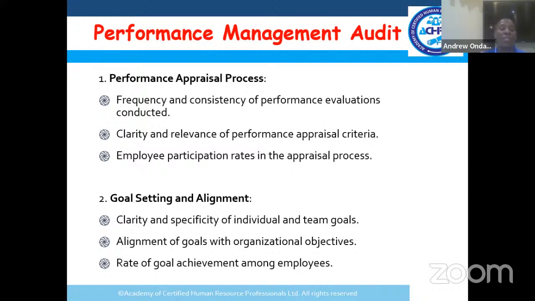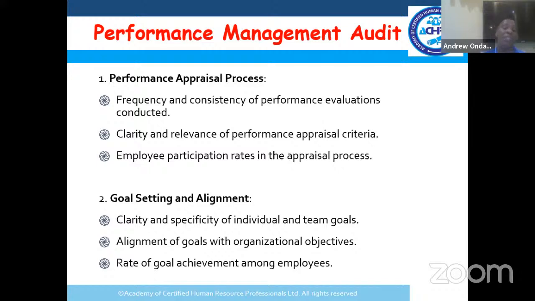Secondly is the clarity and the relevance of the performance criteria, meaning that when we sit down, those in public sector, you have a PC, a performance contract, an agreement between you and the supervisors of what you are going to achieve in the following year or in the following quarter. So this criteria could be in the form of 1, timelines, 2, targets, 3, qualities, and 4, probably revenues, if you are in a revenue center.